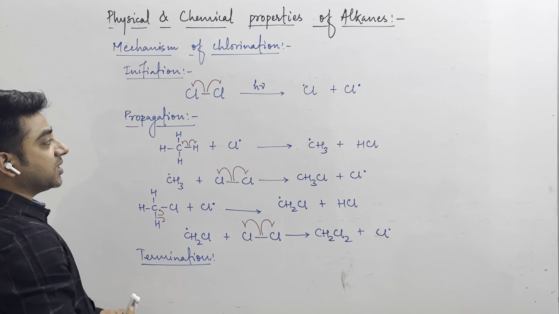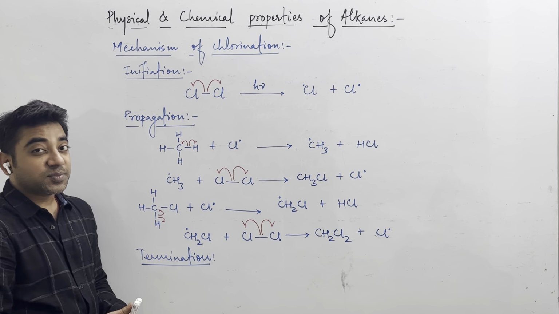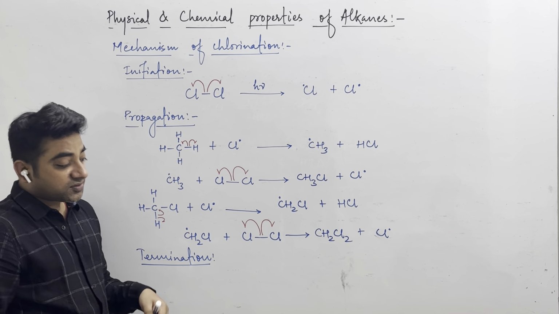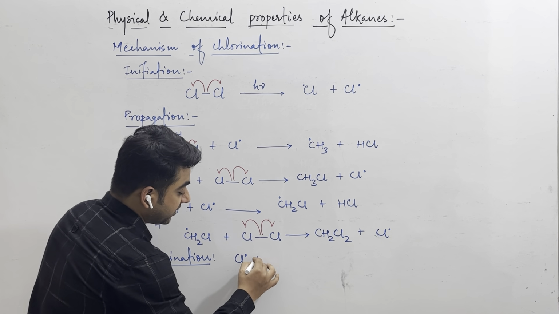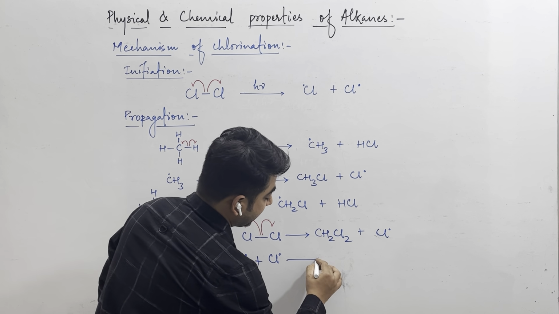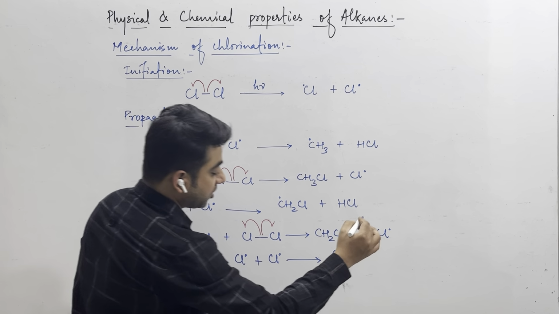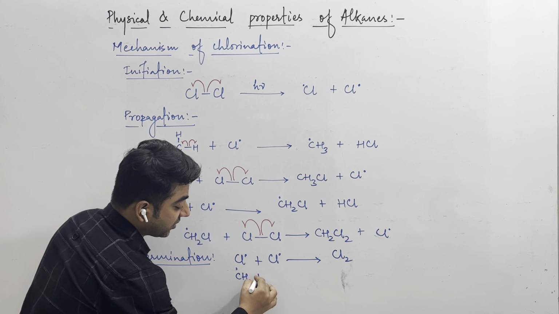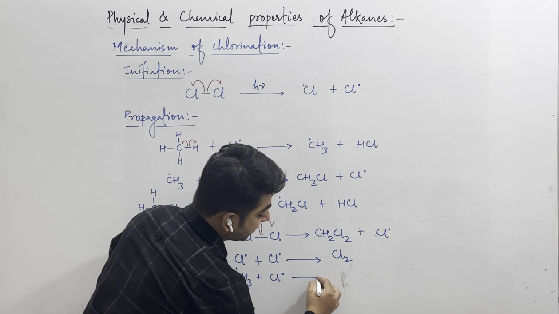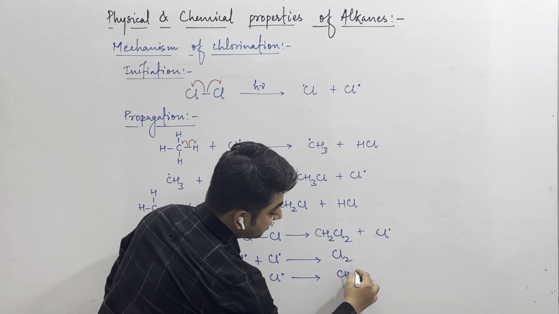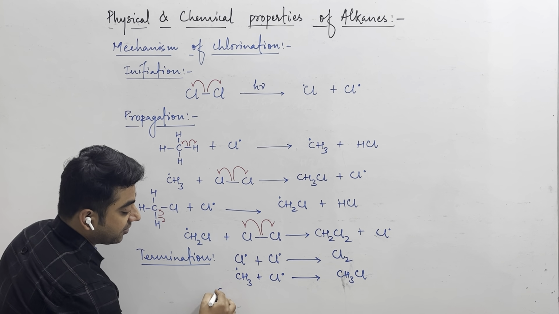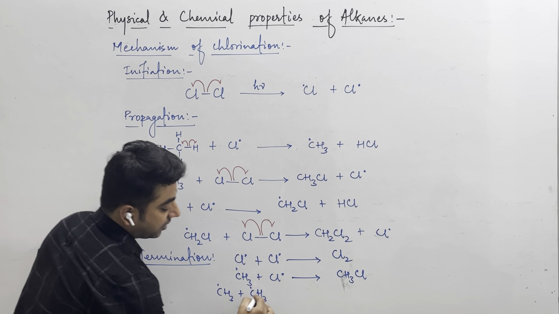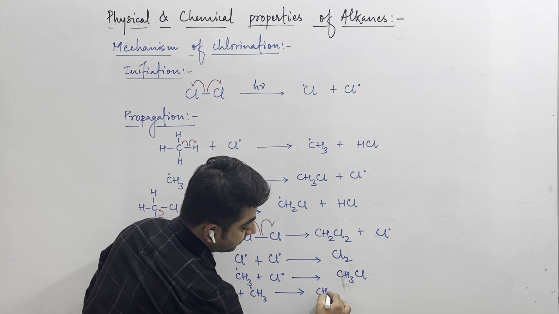Termination is the step where all the free radicals must be getting used up. And what are all the possibilities in which free radicals get used up? So a chlorine free radical may join with another chlorine free radical, giving Cl2 molecule. Methyl free radical formed in the propagation first step may join with chlorine free radical, giving CH3Cl. Or you may have methyl free radical joining with another methyl free radical, forming ethane also.